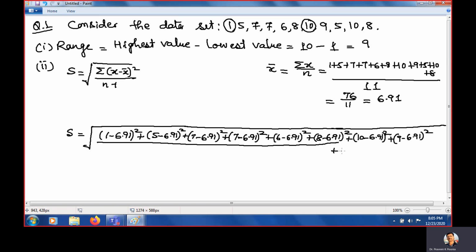It is 9, so 5 minus 6.91 whole square plus 10 minus 6.91 whole square plus 8 minus 6.91 whole square. And upon all these things, what is upon? It is 11 minus 1, because 11 values are there. So it is 11 minus 1.